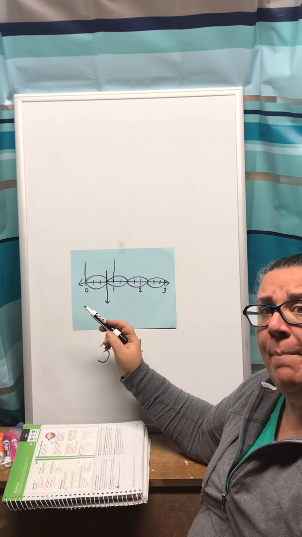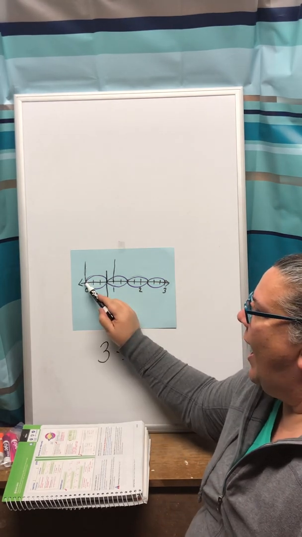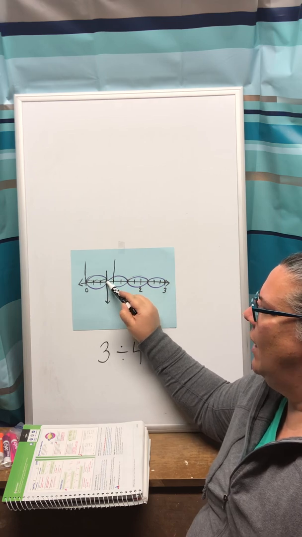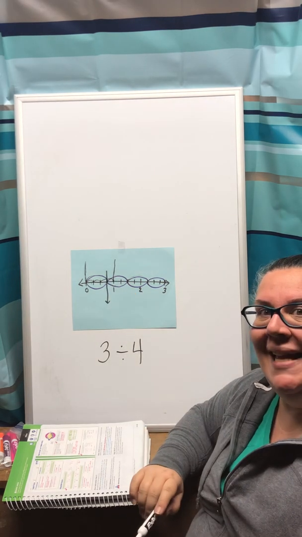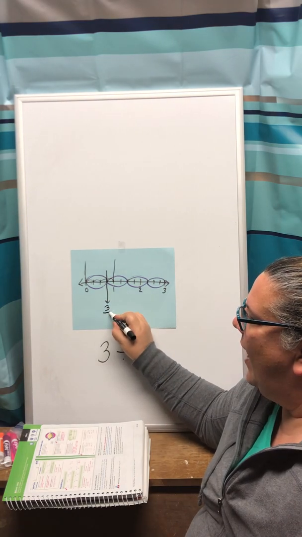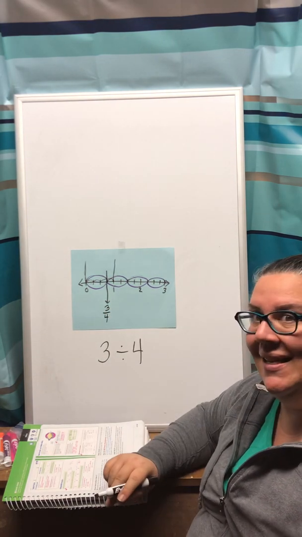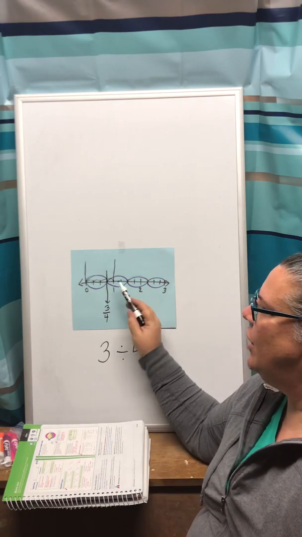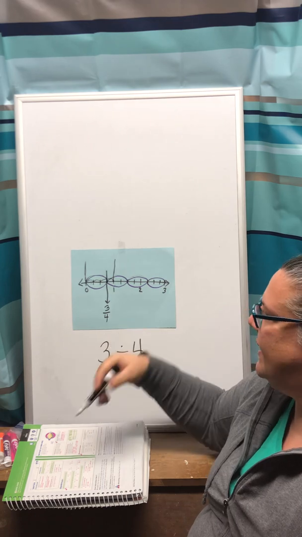So I know if I'm jumping from 0 to 1, I go 1, 2, 3, 4, which means I took 3 out of 4 jumps to get from the 0 to the 1. The next part, even though we're not starting at a whole number, it's going to be the same thing.